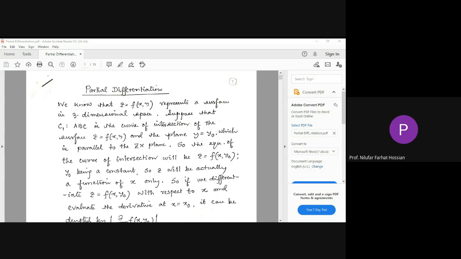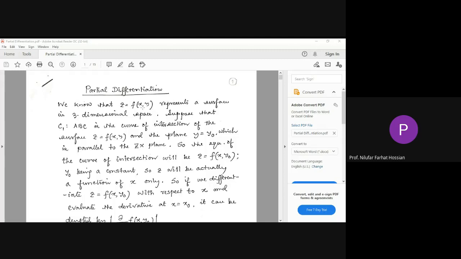So this is partial differentiation. We know that z equal to f of x, y represents a surface in three-dimensional space, because if you have the equation y equal to f of x, it is in two dimensions, and in two dimensions y equal to f of x represents a curve.